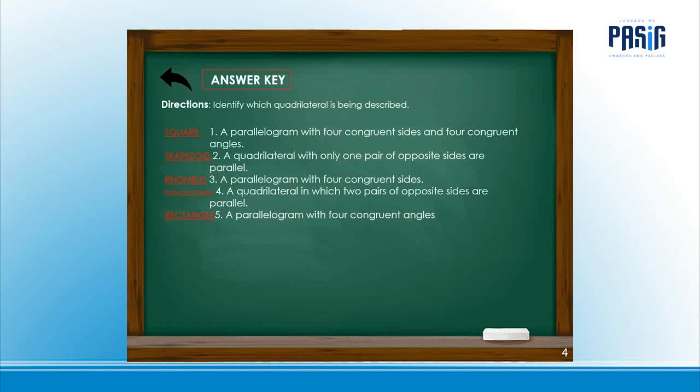A parallelogram with 4 congruent sides is a rhombus. Number 4. A quadrilateral in which 2 pairs of opposite sides are parallel is a parallelogram. Number 5. A parallelogram with 4 congruent angles is a rectangle. And you are doing great!